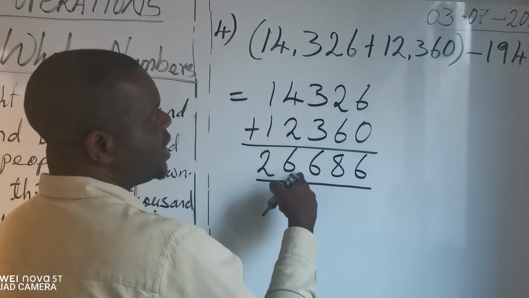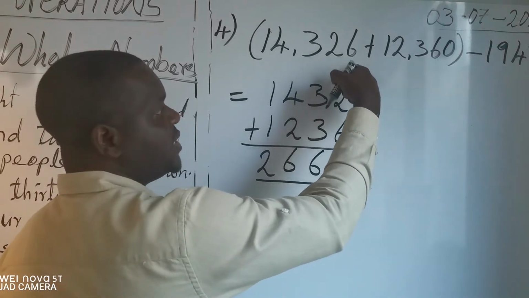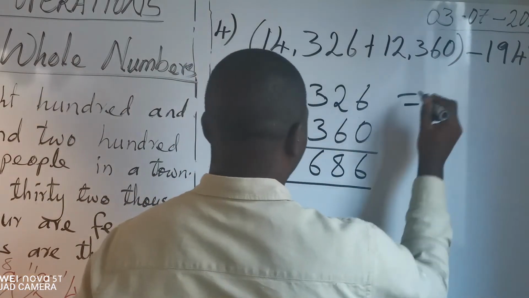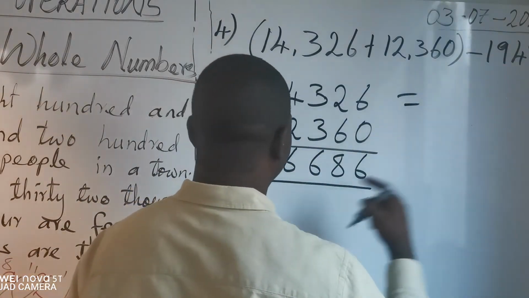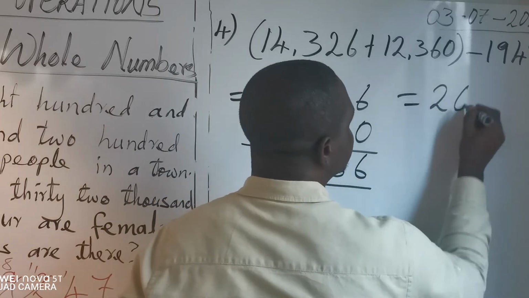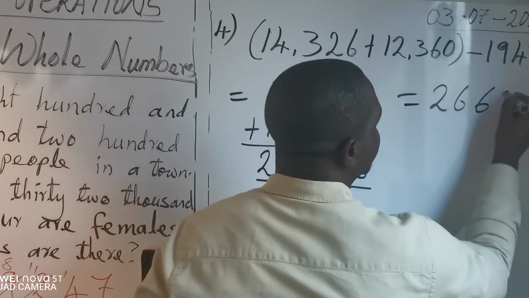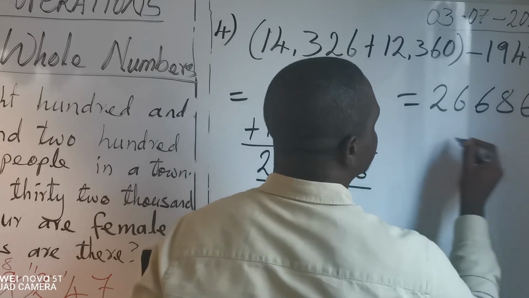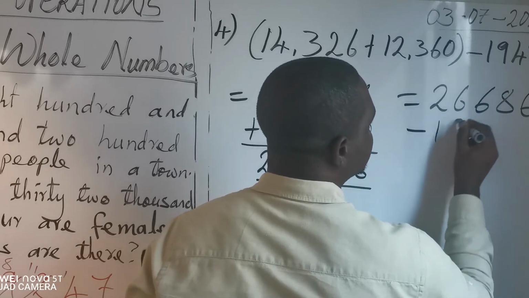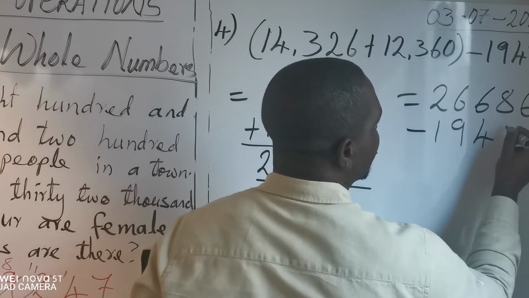What we have here becomes the minuend, as I mentioned. So on the right hand side now, we're going to have 26,686 take away 19,498.